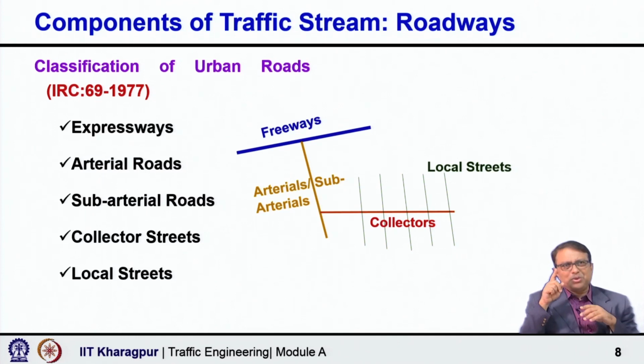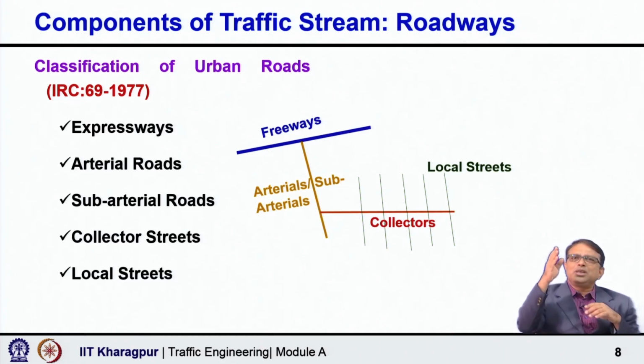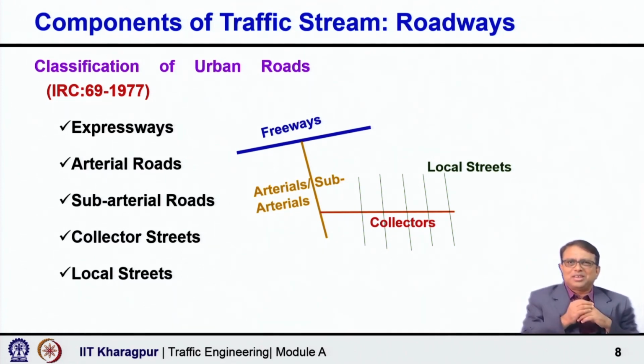The primary function of expressway and arterial roads is entirely mobility, and as you come down from expressway to arterial to subarterial to collector street to local street, the mobility function is reduced and the accessibility function is increased. So please understand that this is very, very fundamental. When we develop roads, not all roads are for mobility purposes; we do not want that.